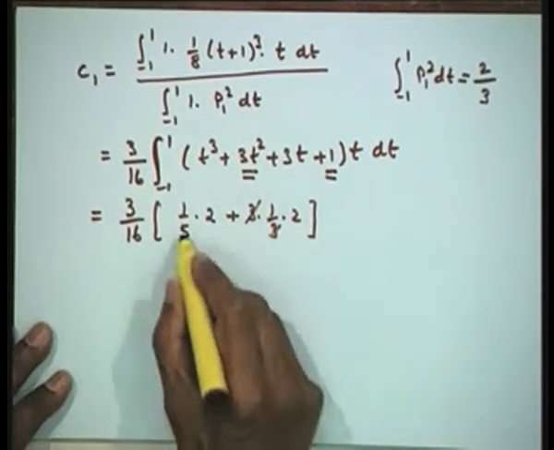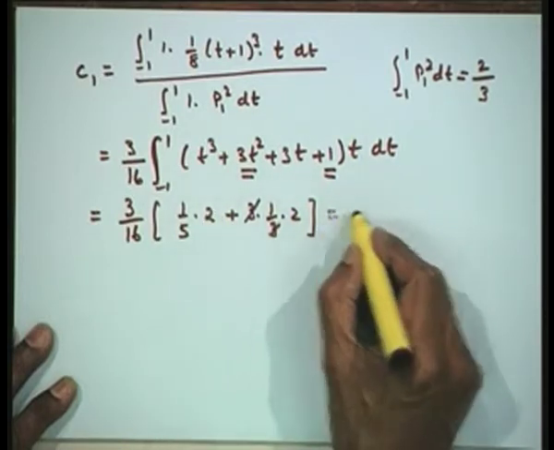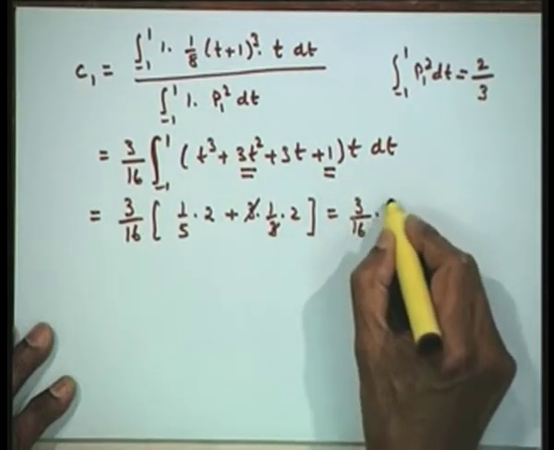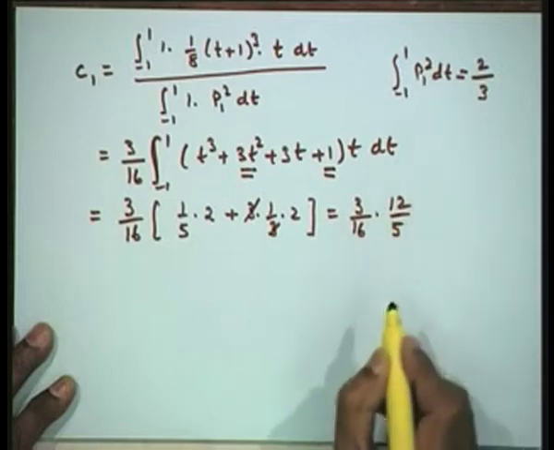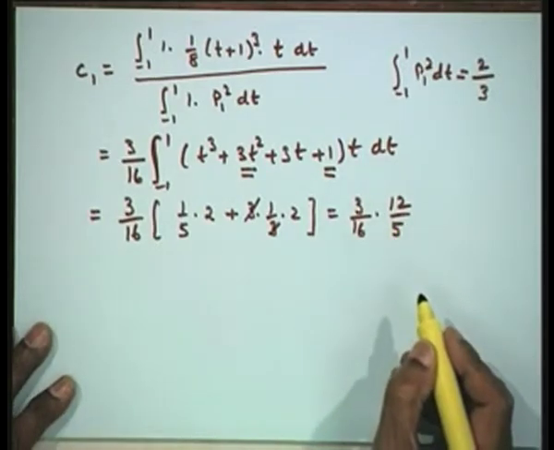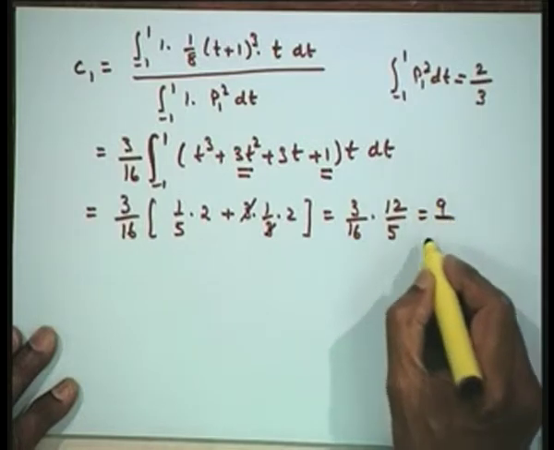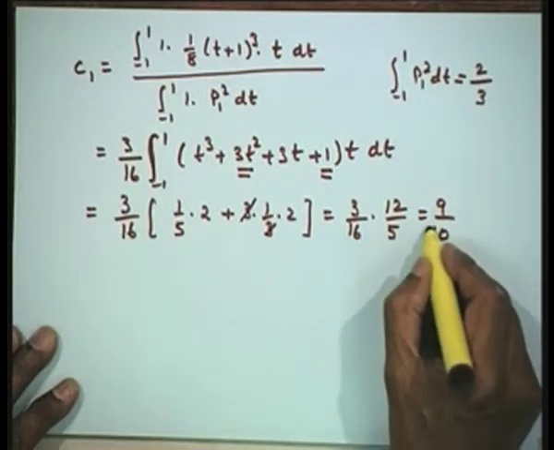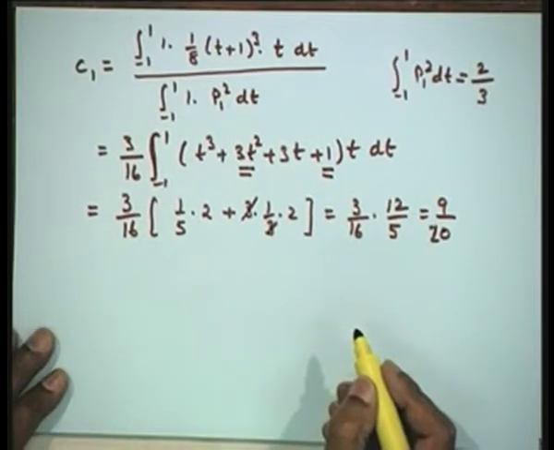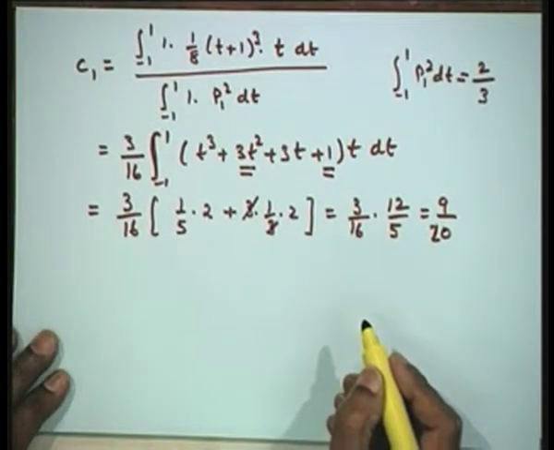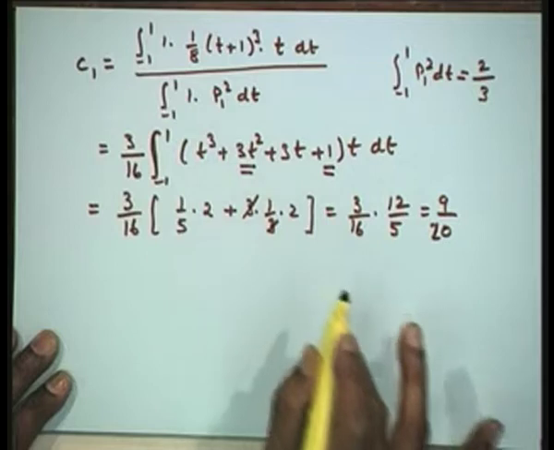So, I can cancel off this, this is 10 plus 2, 12, therefore 3 by 16 into 12 by 5, I can cancel off 4 from here. So, 9 by 20. Therefore, we obtained the value of C1 also.